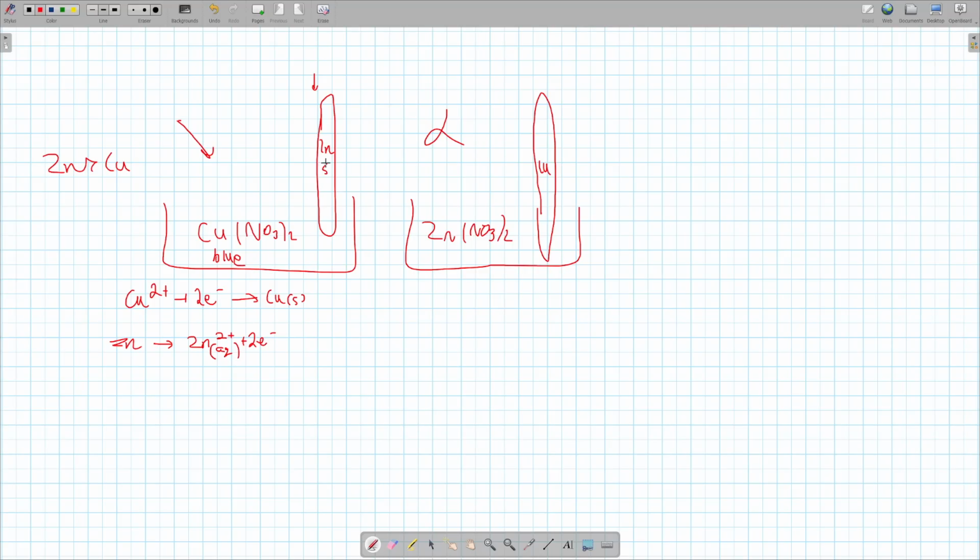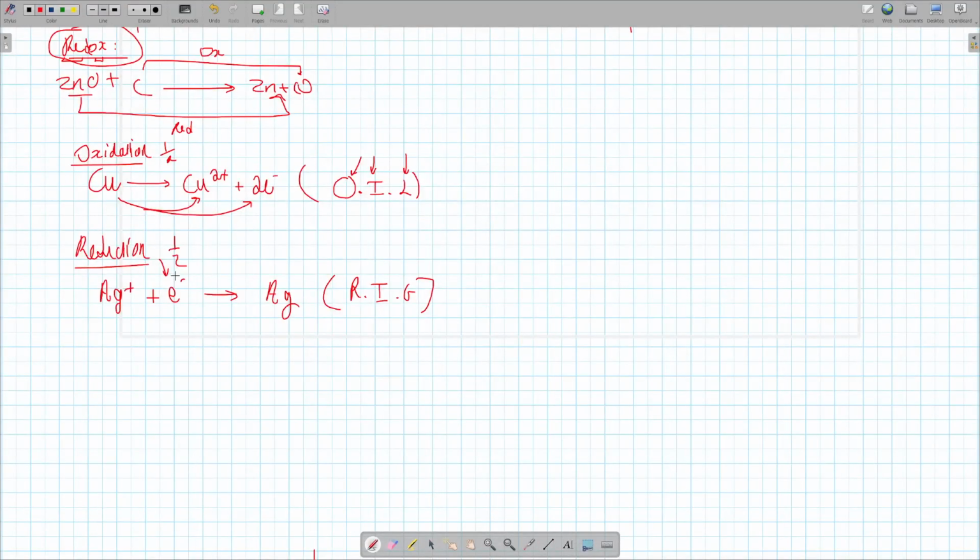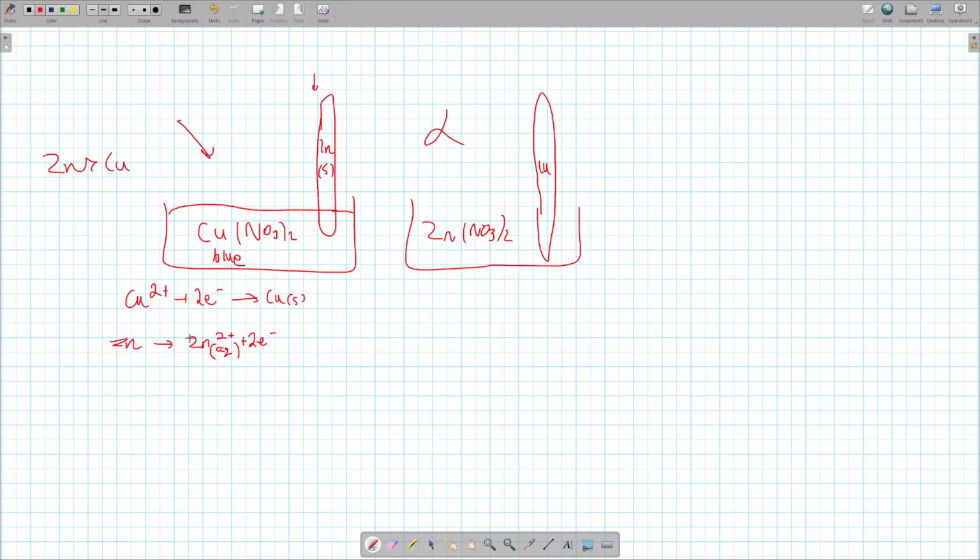This is solid zinc put with copper nitrate, because you're going to see a lot of these where you dip a rod into a solution. These redox reactions usually happen between two metals, but this is the half. The zinc turns from solid into Zn2+.